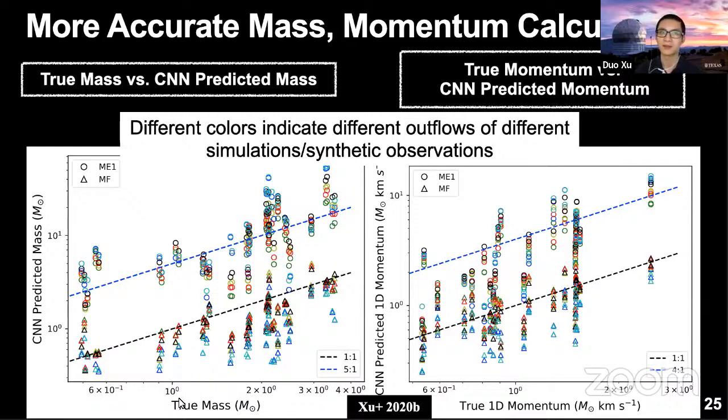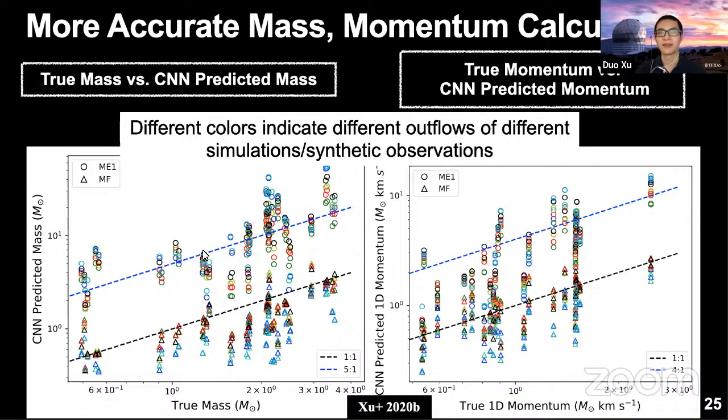The true mass is derived from simulation. And on the y-axis, we calculate the mass based on 12CO and 13CO, correct for optical depth, and assume a constant excitation temperature of 25 Kelvin, which is widely used in outflow calculations.